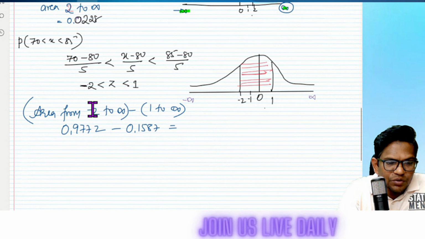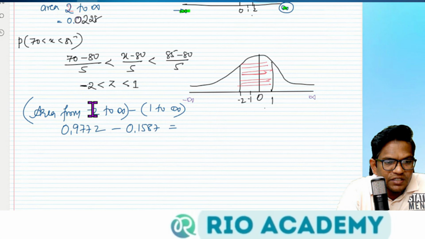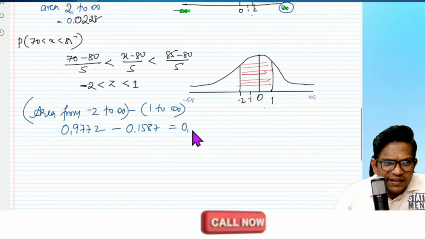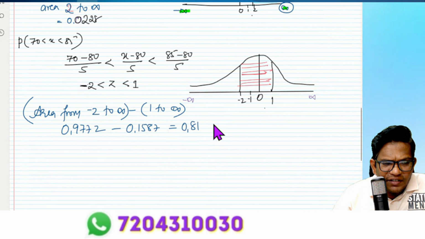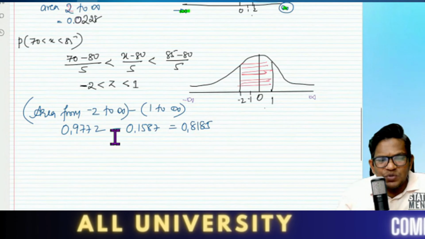Minus it. 0.9772 minus 0.1587. Don't you find it's a very easy question compared to theoretical distribution or binomial distribution? Compared to that, your normal distribution is something which is very easy.